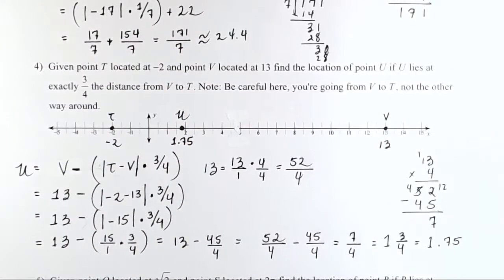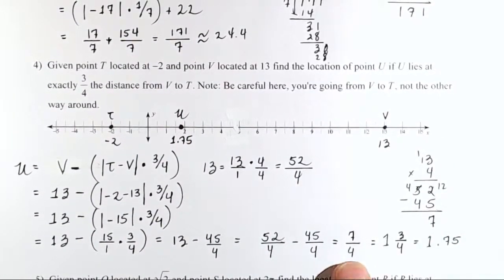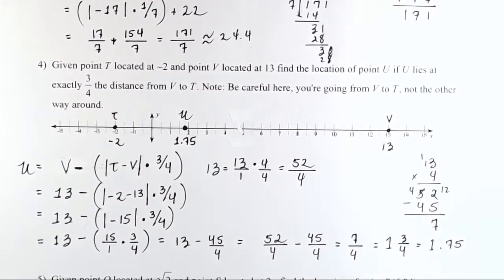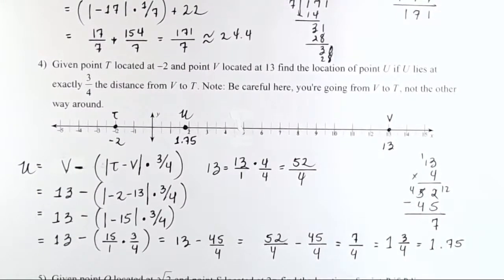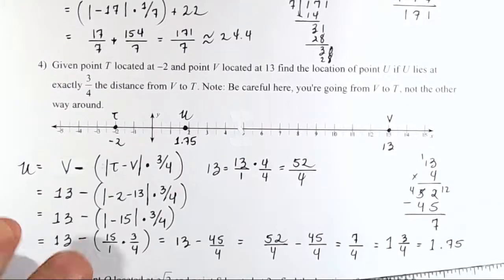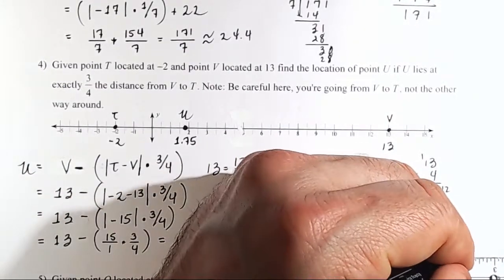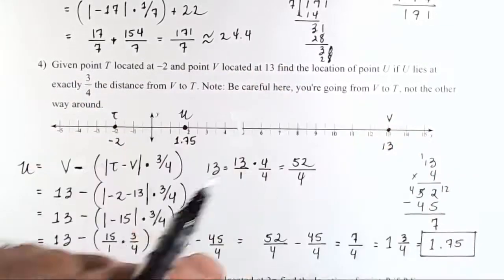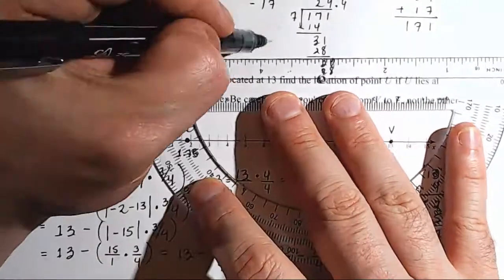So sorry about that error. 7/4 is obviously 1 3/4, not 4 3/4. My bad. Okay, so that means we can put this in a box. And we better put this in a box too.